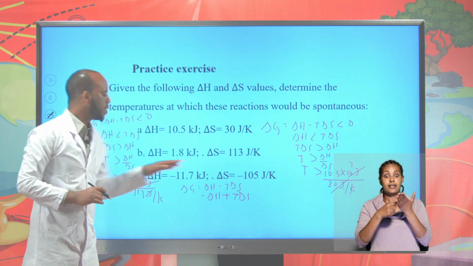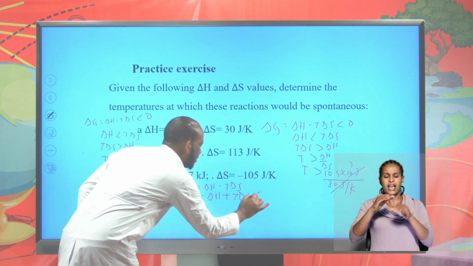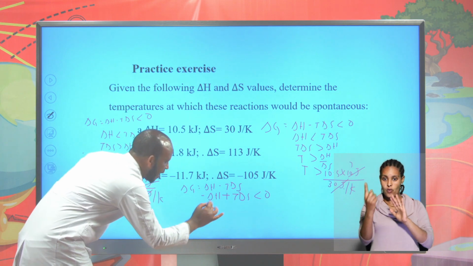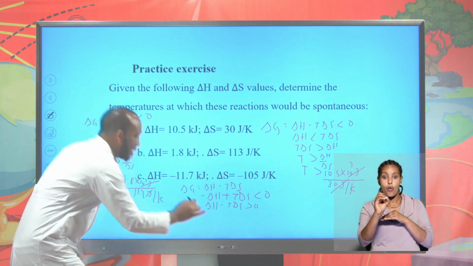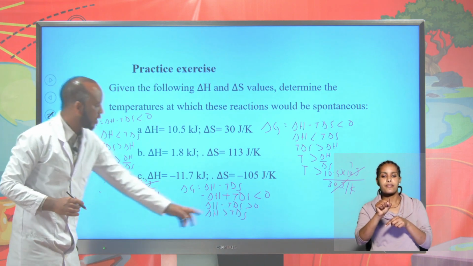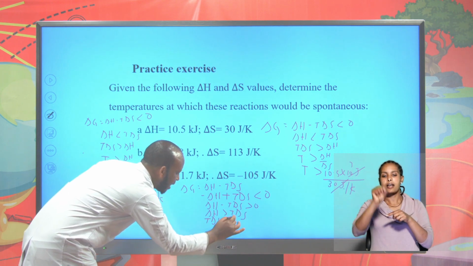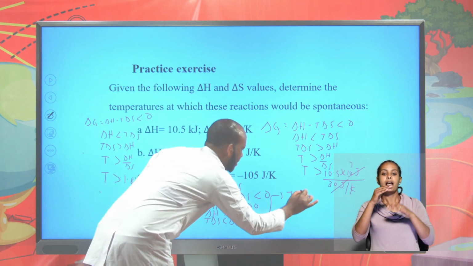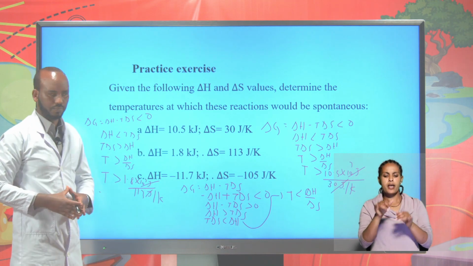For this reaction to be spontaneous, the Gibbs free energy change, delta G must be less than 0. Multiply both sides by negative 1. We can write this as delta H minus T times delta S is greater than 0. Delta H is greater than T times delta S, or T times delta S is less than delta H. Therefore, for T less than delta H divided by delta S, this reaction would be spontaneous.